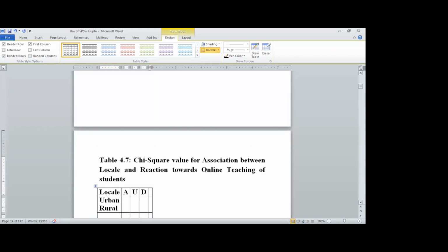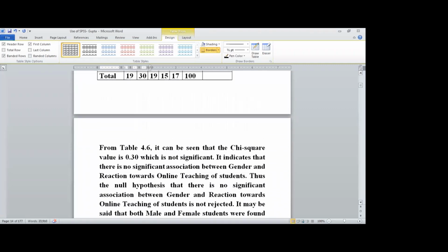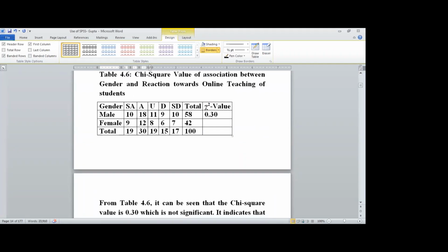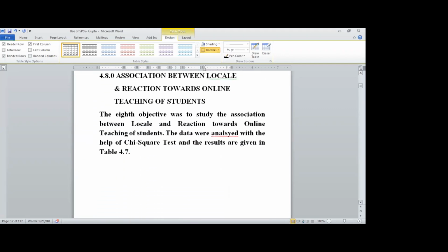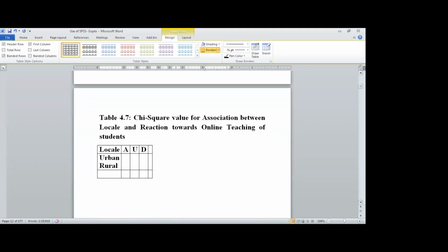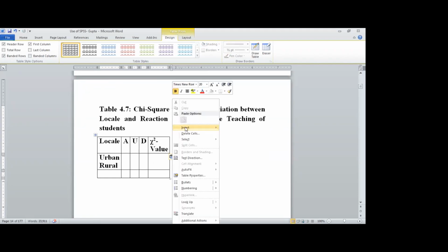Let us copy this sign from here. And then I can add one more column here.